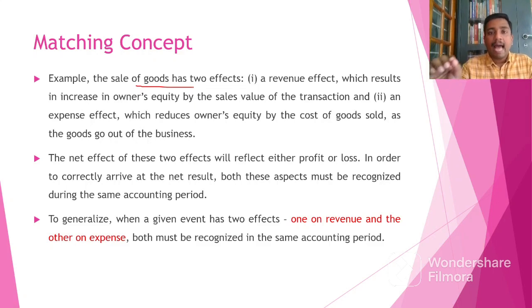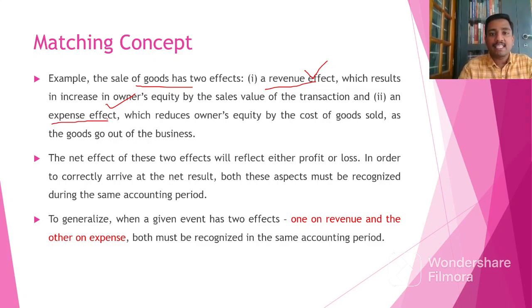When a sale happens to the goods, there are two important aspects. The first one is the goods are going out and you are receiving the money. So there is a revenue aspect, and this aspect will increase the owner's equity because the cash is received. And there is an expense aspect or a loss aspect, which means the goods are moving out from the business and the owner's equity is again coming down.